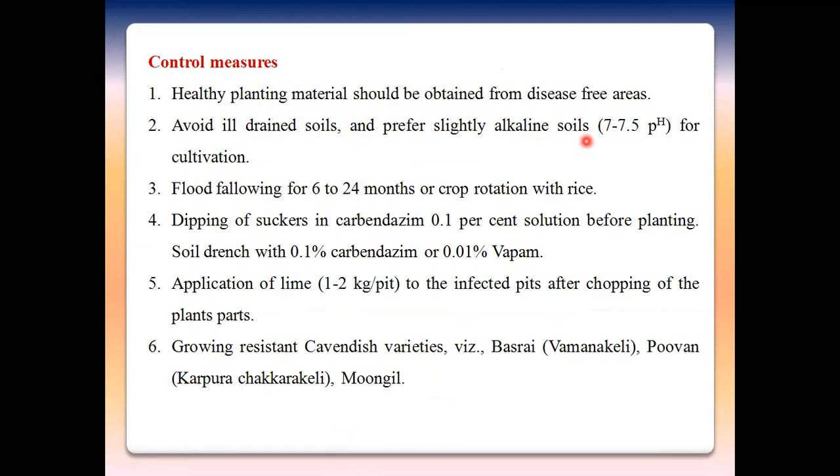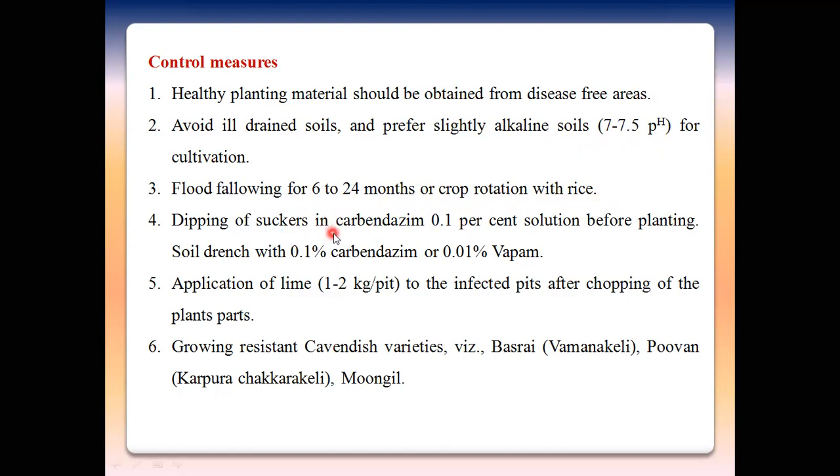So a farmer can grow these banana plants in somewhat neutral soil, or soil having a pH of 7 to 7.5. Then flood fallowing for 6 to 24 months, or crop rotation with rice.